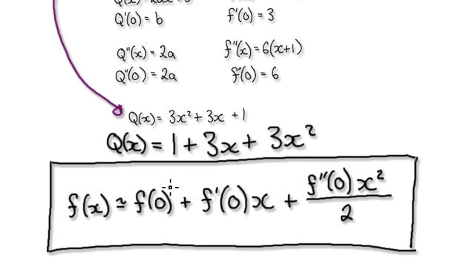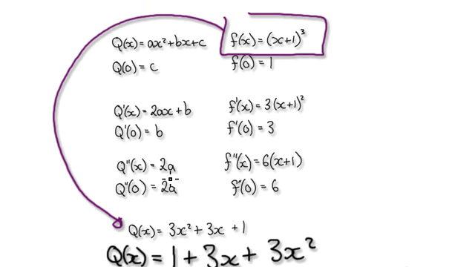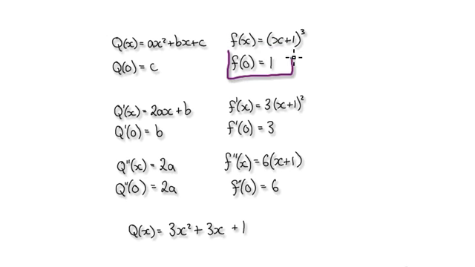Okay, so if you look at this, f of 0, that's you evaluating the function at x equals 0. Now if you look at this here, this is what we did here. This is our evaluation at x equals 0 here. It gave us 1.